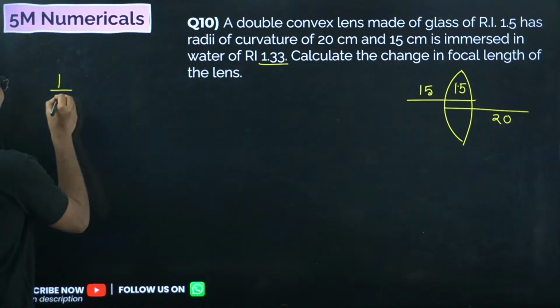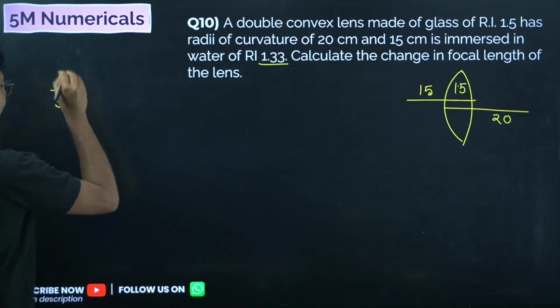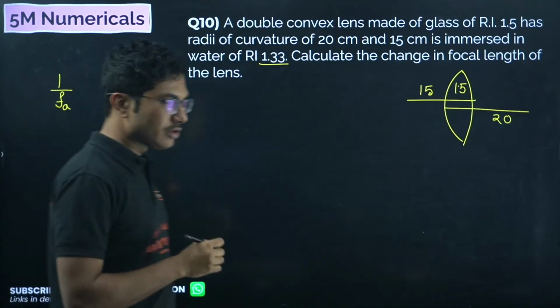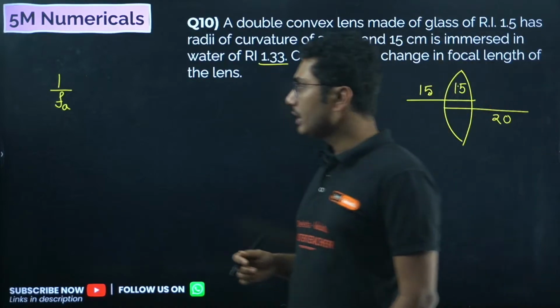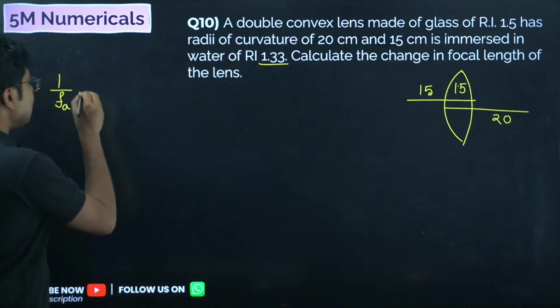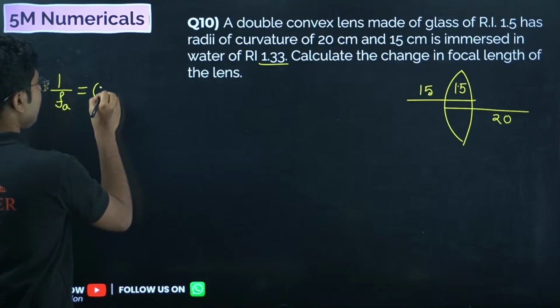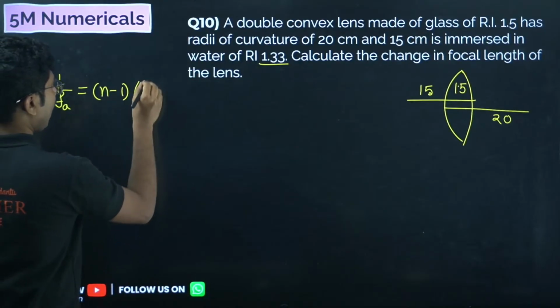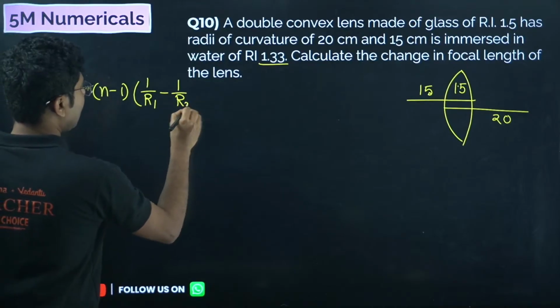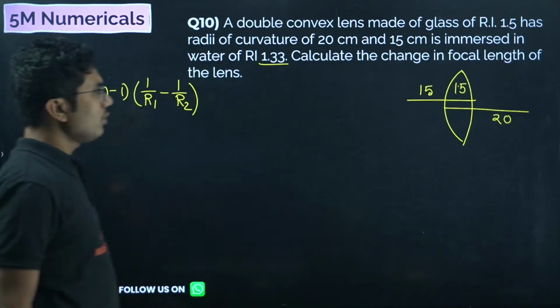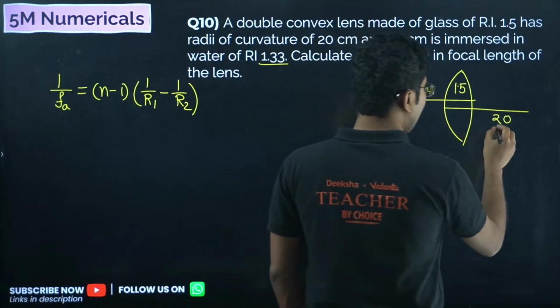So when it is in air, obviously what formula will we be using? We will be using the lens maker's formula. Lens maker's formula is given by 1 by f equals n minus 1 into 1 by r1 minus 1 by r2. What is r1 over here?